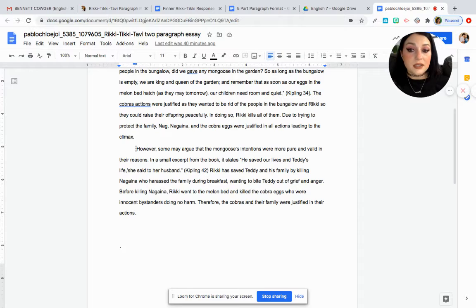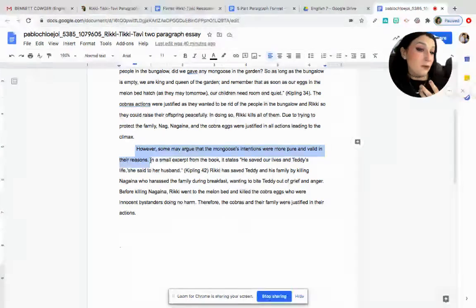The student states in their topic sentence for the second paragraph, "However, some may argue that the mongoose's intentions were more pure and valid in their reasons." So he's saying that he believes the snakes were in the right, but he could see how some people might argue that Rikki-Tiki's intentions were maybe more pure and maybe not as evil as the snakes.